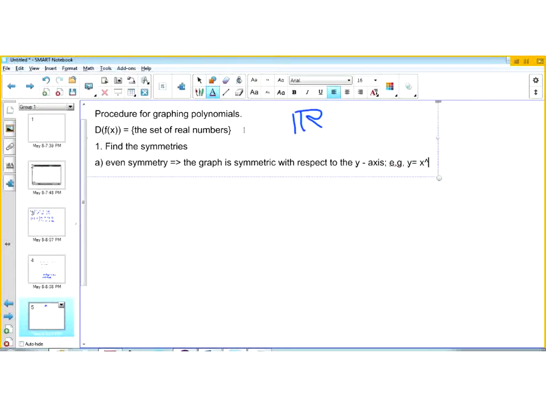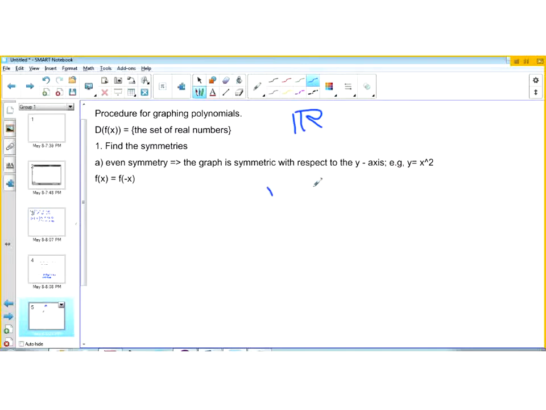An example would be y is equal to x squared. Even functions with even symmetry possess this property: f of x is equal to f of minus x.